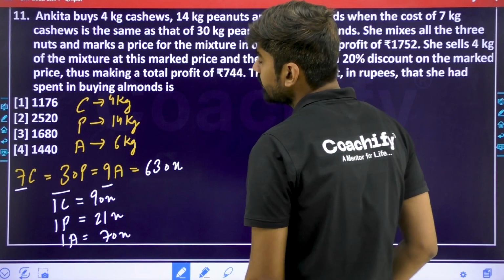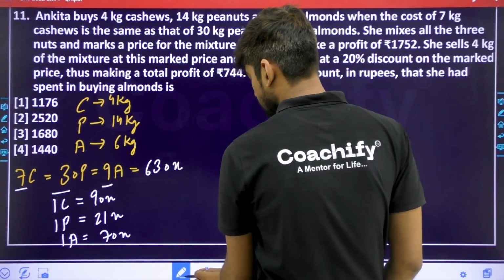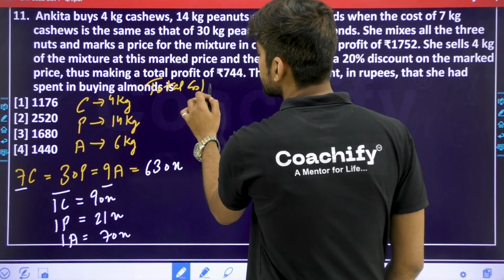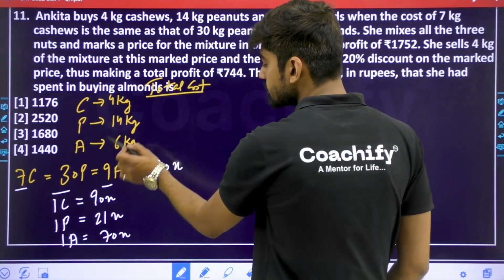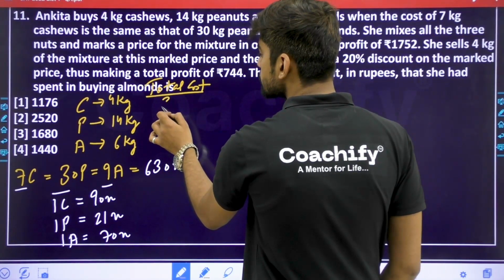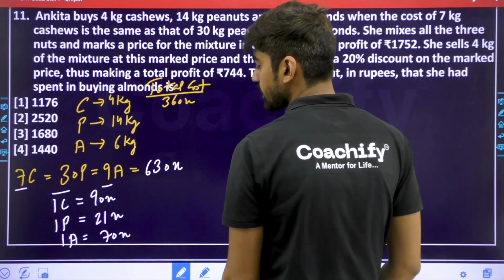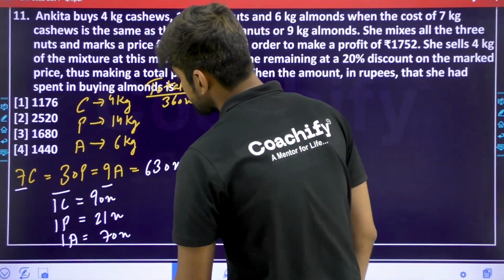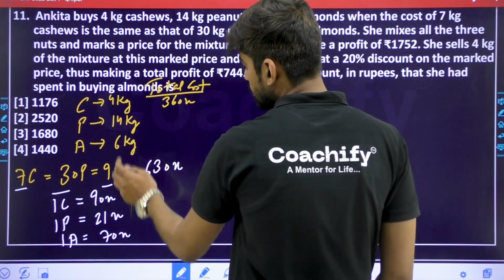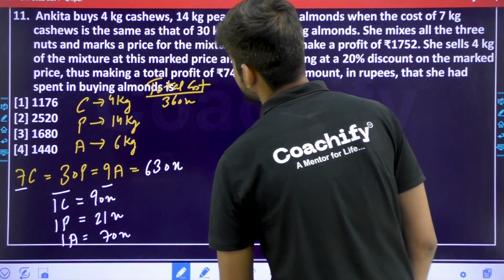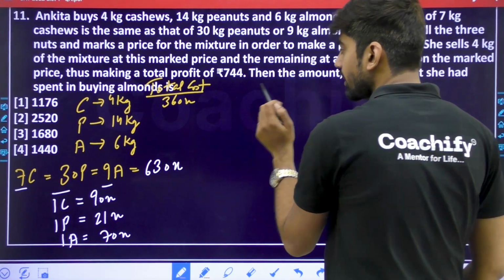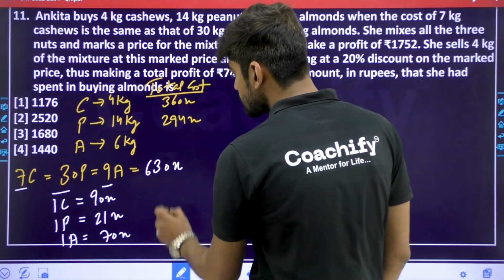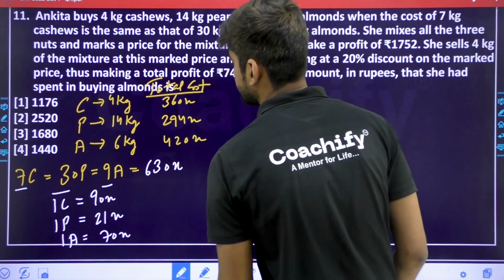So from here I can easily find out my total cost. What is my total cost? That is 90x into 4, which is 360x, that is for cashews. 21 into 14, so this is coming out as 294x, which is 49 into 6. 70 into 6 is 420x.